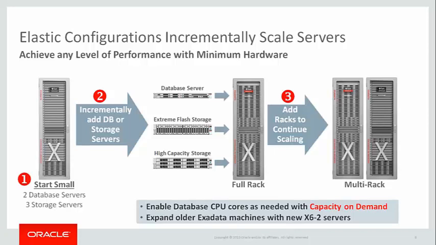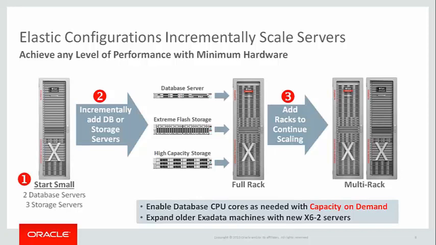And then you can incrementally add a database server or a storage server, one at a time as your needs grow, to make it bigger until you fill up the entire rack. And once you have filled up the rack with the number of database servers and storage servers you need, you continue to expand if you still need more processing power or storage, by adding more Exadatas and connecting them via InfiniBand and multi-racking them. So it provides a significant scale-out architecture.